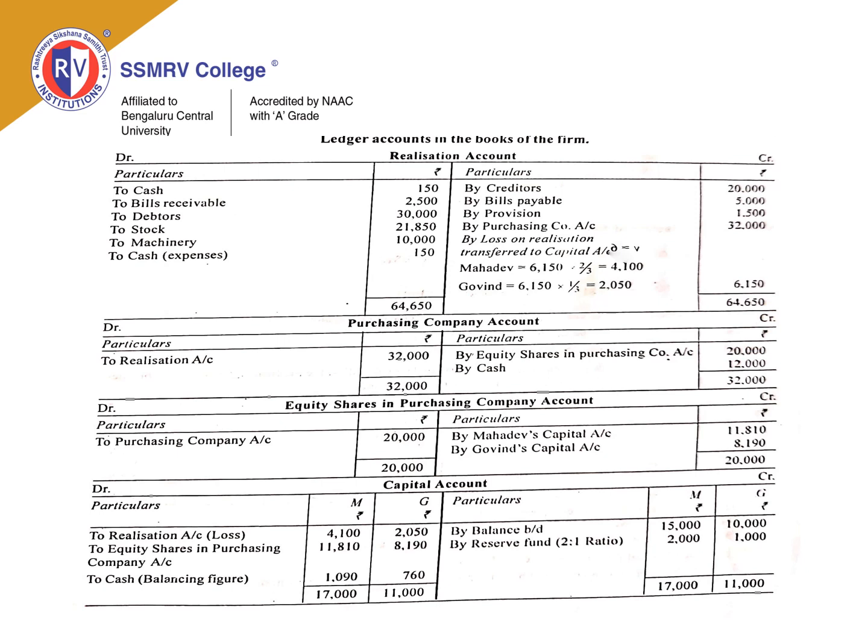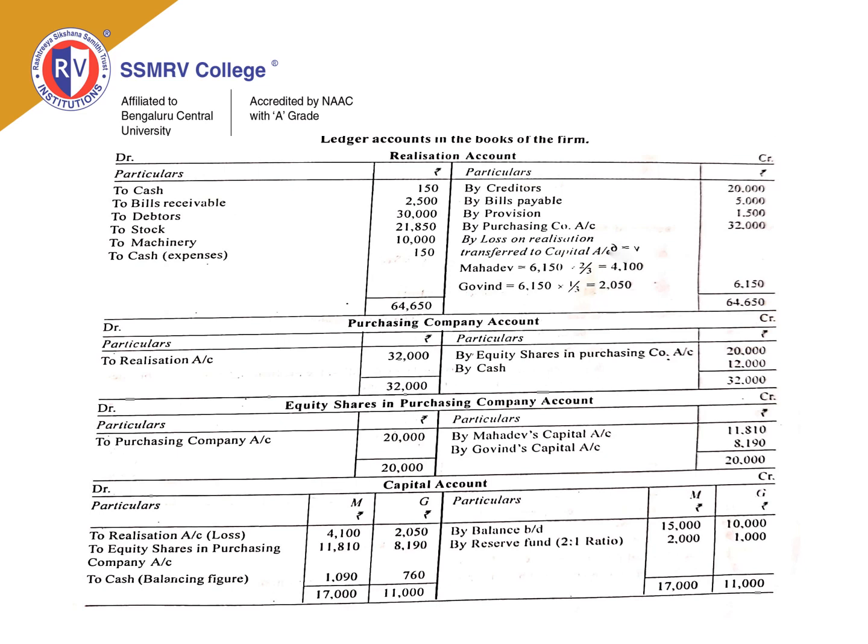So the ledger accounts in the books of the vendor firm is what is given to us here. The journal entries are also asked in the problem, but here we are only going to look at the ledger accounts. So which are the different ledger accounts in the books of the firm?